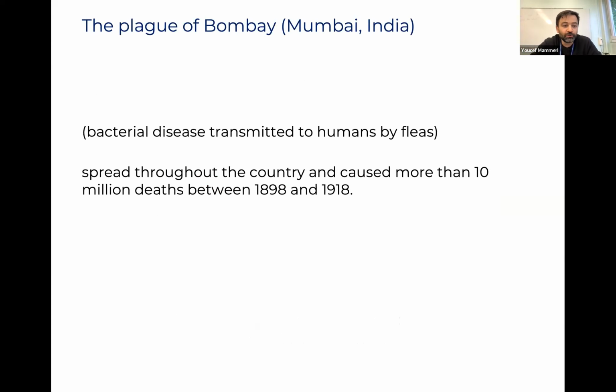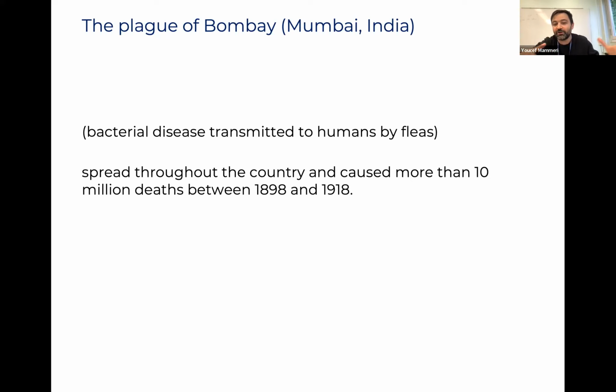To come closer to the SIR model, we need to look at another disease, which is the plague of Bombay. The plague is a bacterium transmitted to humans by fleas. For a very long time we thought that plague was a disease transmitted to humans by humans, so in most of the control you try to control humans only.